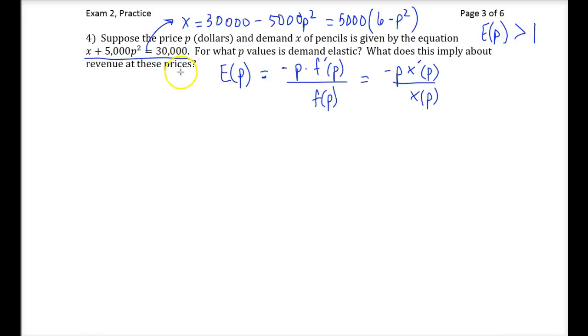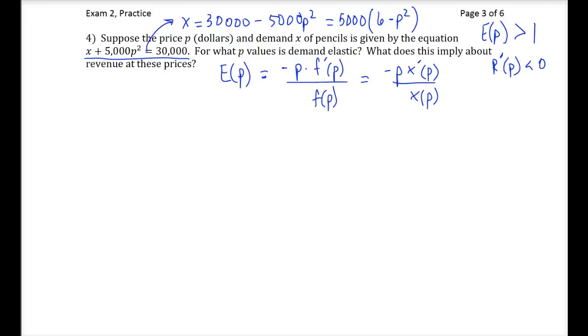And what does this imply about the revenue at these prices? Well, one of the things that we know is that when elasticity of demand is greater than 1, the rate of change of revenue is decreasing. So we already know that.